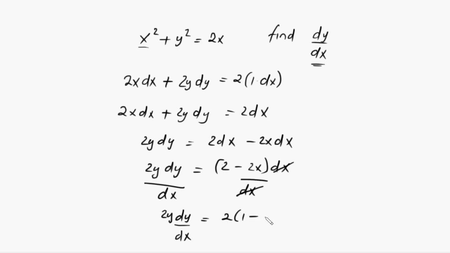Factoring 2 out is just like this. So I still have my 2y here. So I'm going to divide by 2y here, by 2y here. So my dy dx now, because 2 and 2 go, it's just going to be equal to 1 minus x over y.